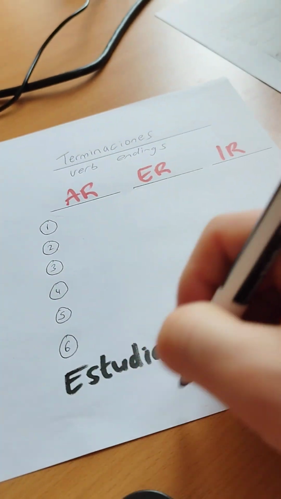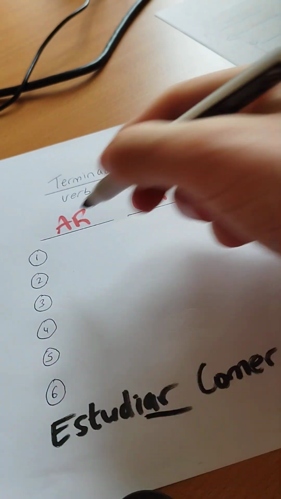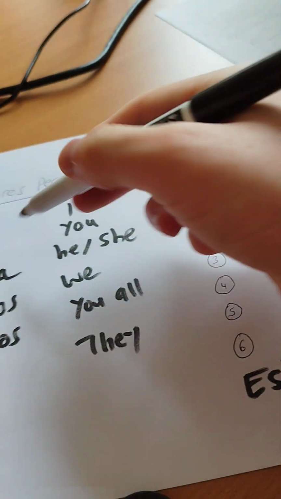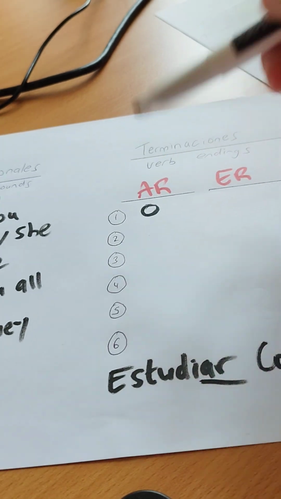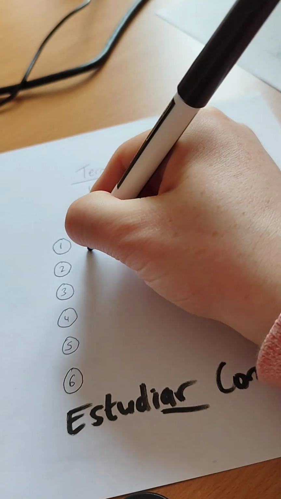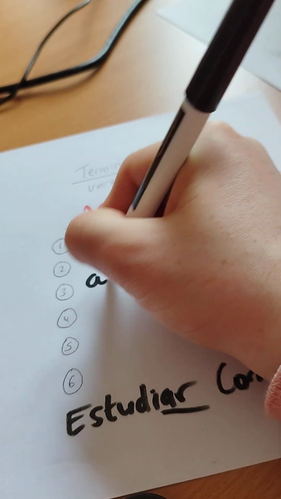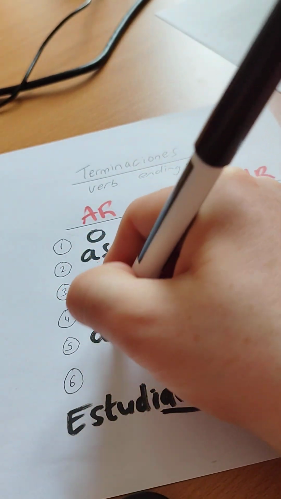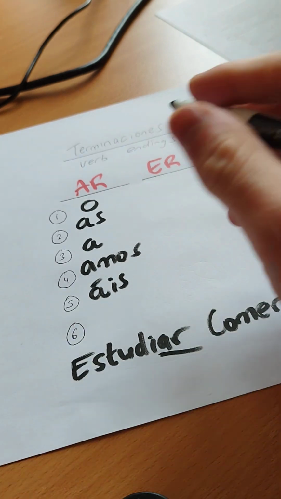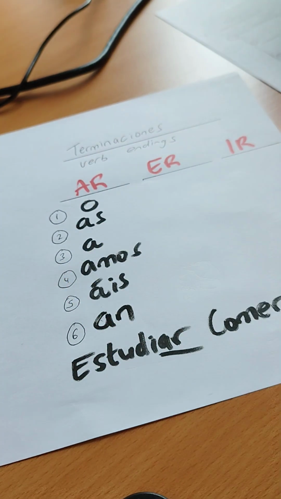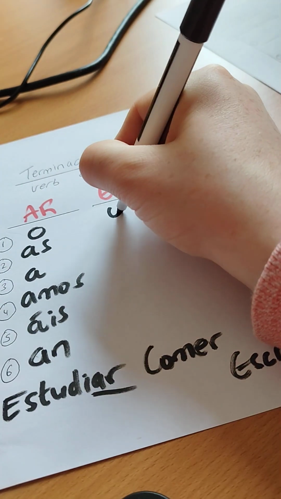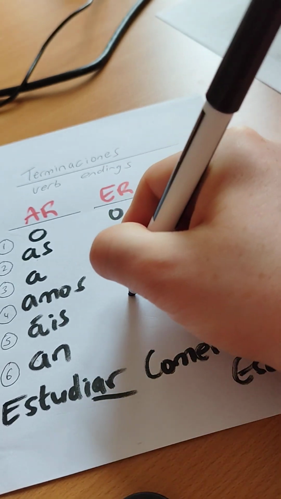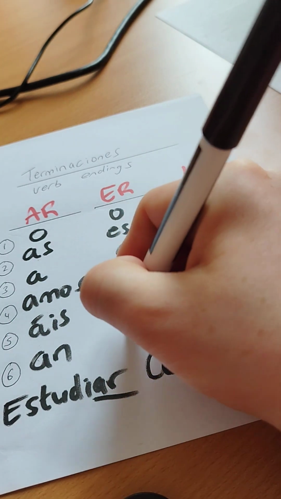Okay, so for AR verbs, which are verbs ending in AR, we have o for I, which is also number 1, as for you, a for he or she, amos for we, áis for you plural, and an for they. ER verbs: o, es, e, emos, éis, en.